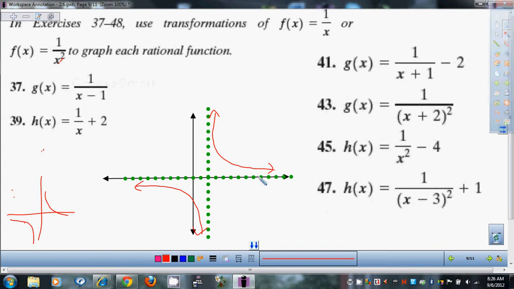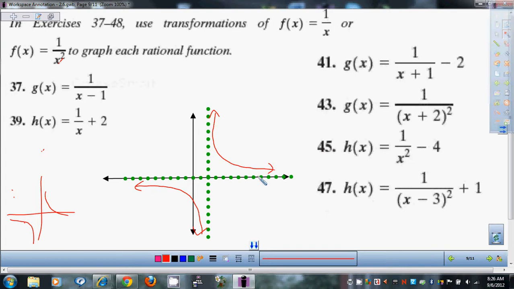So our asymptotes, which would start here, would shift left 1, down 2, and you would sketch it around those asymptotes. Same exact thing for 43 through 47, except instead of looking like this, it'll look like 1 over x squared, which was our volcano graph. That's all there is to those. Shifting your asymptotes.